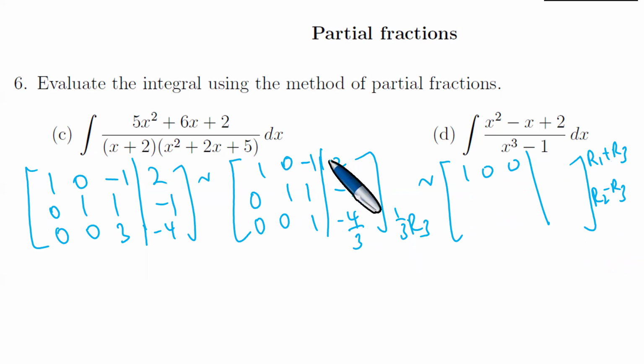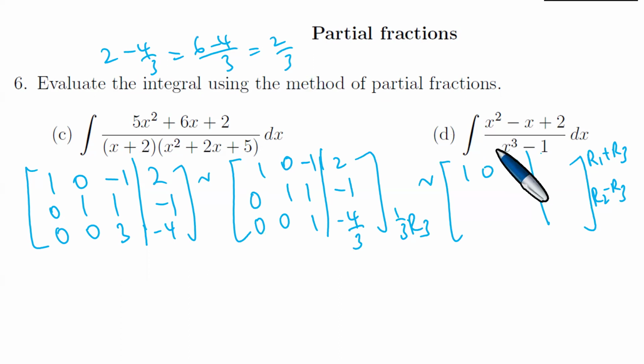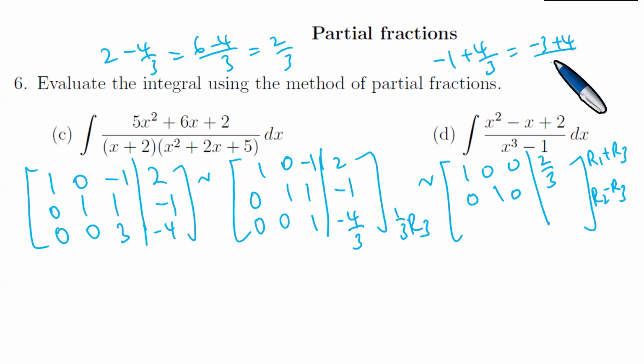You add 2 with minus 4 over 3, you get 6 minus 4 over 3, and the result is 2 over 3. So here you're going to have 2/3. Row 2 minus row 3 gives 0, 1, 0, which is 1 over 3.